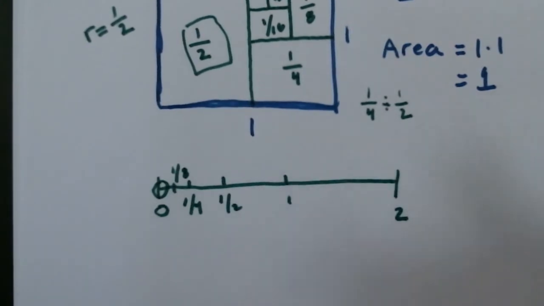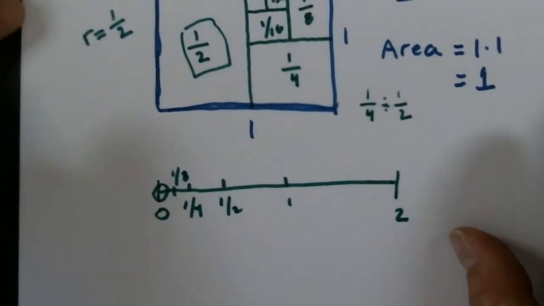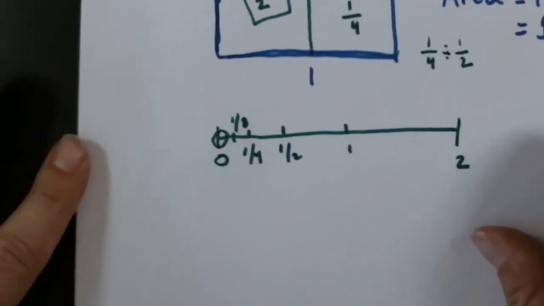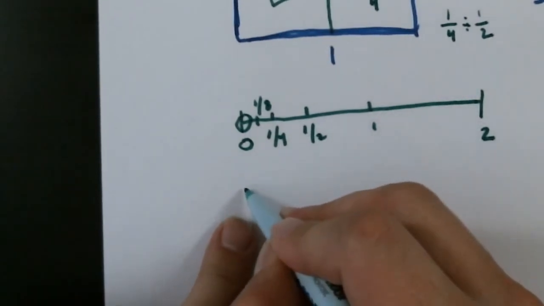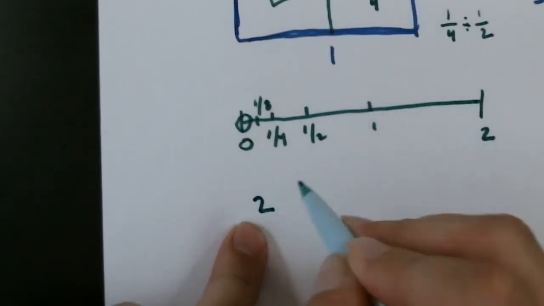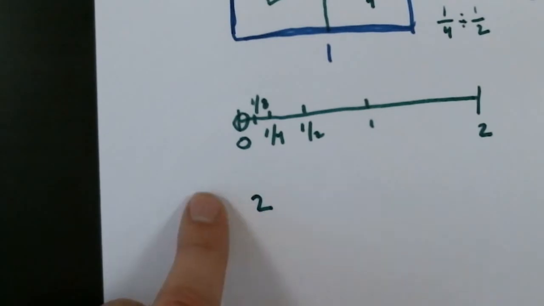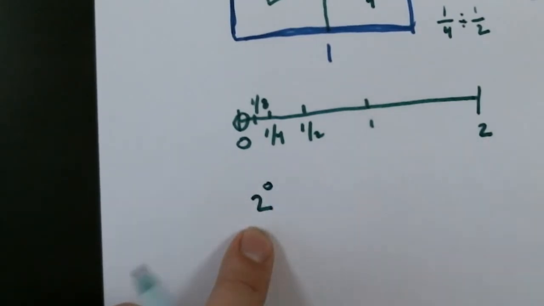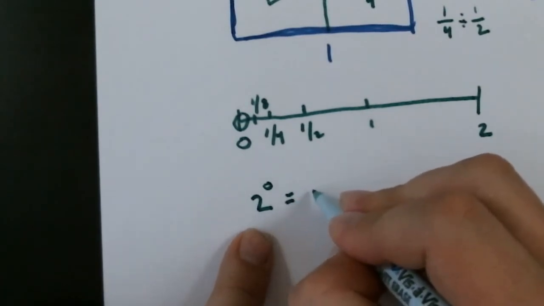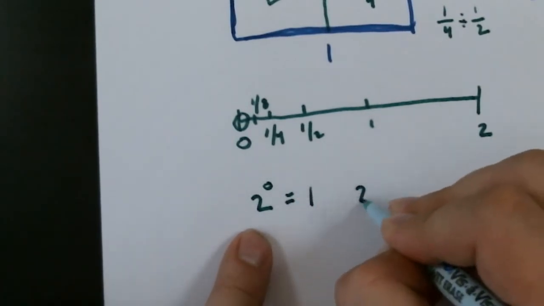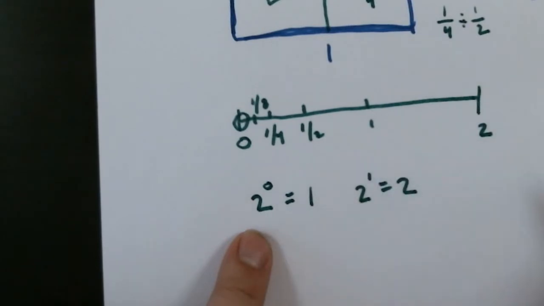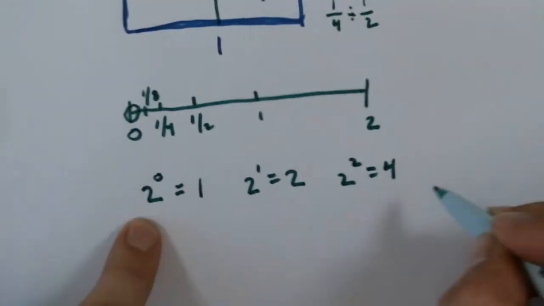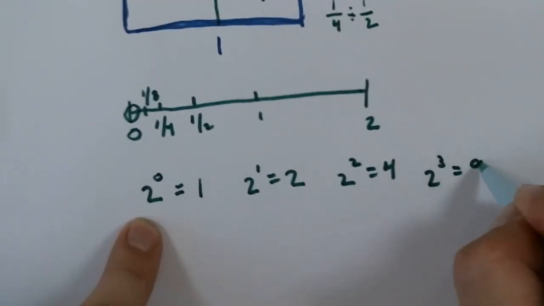Now, can it go bigger? Well, of course. So, for example, the COVID-19 virus that we're going through. Well, what if we had two people that get infected? So, what's 2 to the 0 power? 2 to the 0 power is 1. 2 to the first power is 2. 2 to the second power is 4. 2 to the third power is 8.